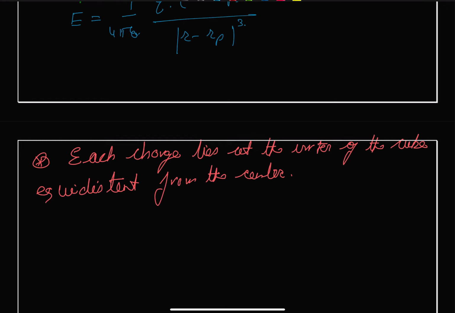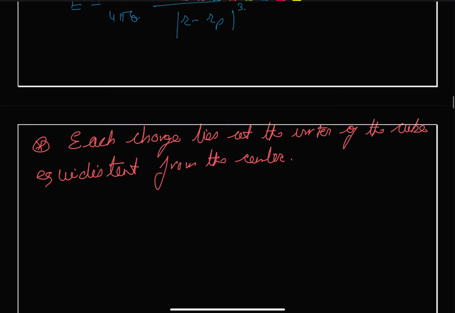Therefore, the side of the cube is given as A. So we can write the distance from center to each vertex.